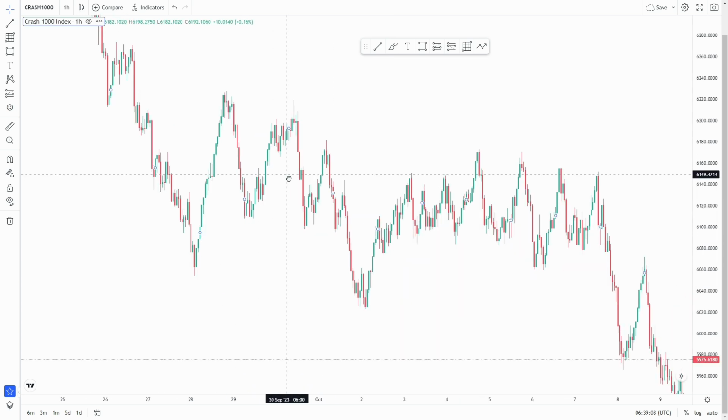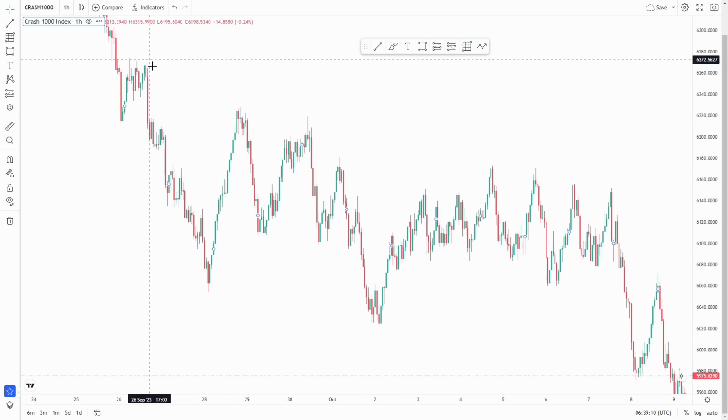So for this example, we are in a downtrend: high, low, high, low, alright, high, low. We broke this low.